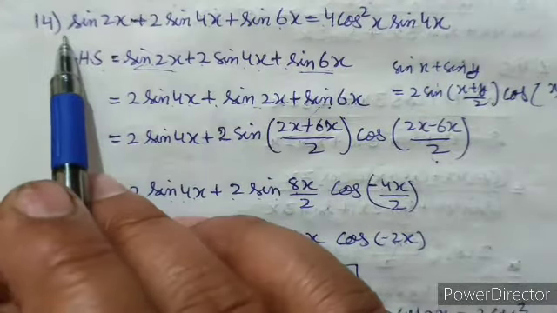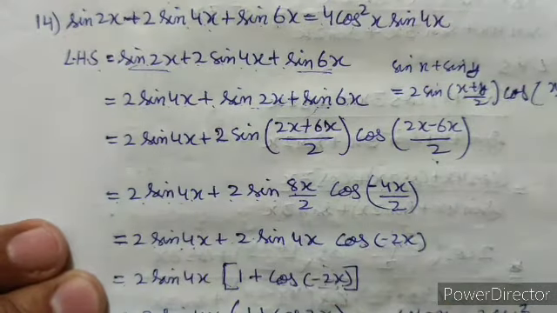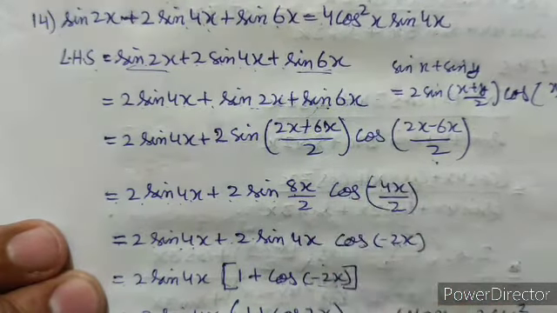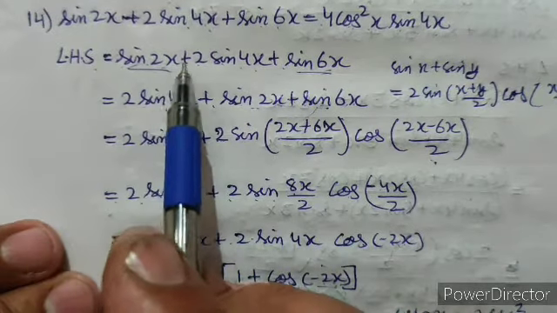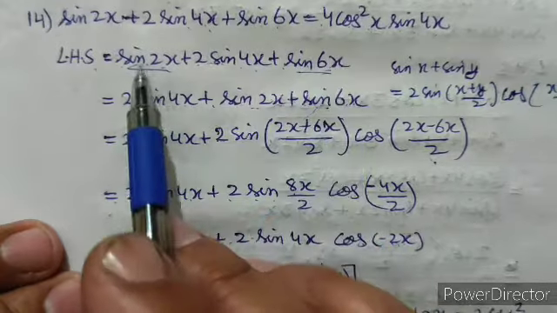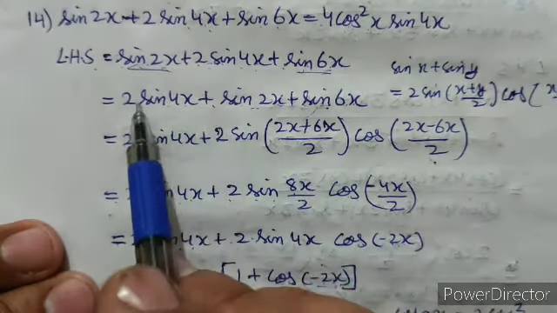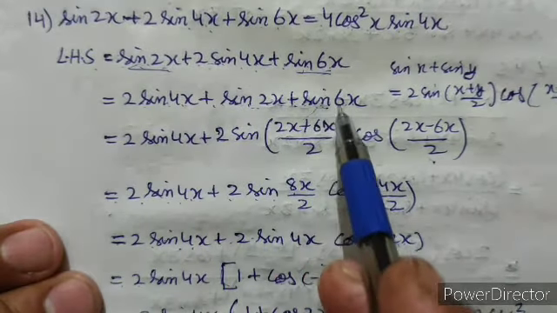In the 14th question, we have to prove sin 2x plus 2 sin 4x plus sin 6x equal to 4 cos square x into sin 4x. Now the left hand side was sin 2x plus 2 sin 4x plus sin 6x. On taking sin 2x and sin 6x together, we can write this as 2 sin 4x plus (sin 2x plus sin 6x).